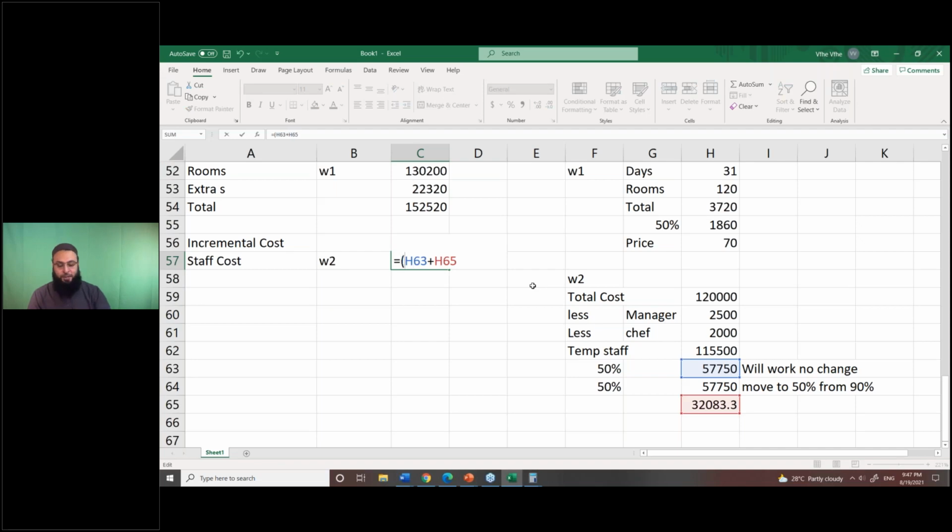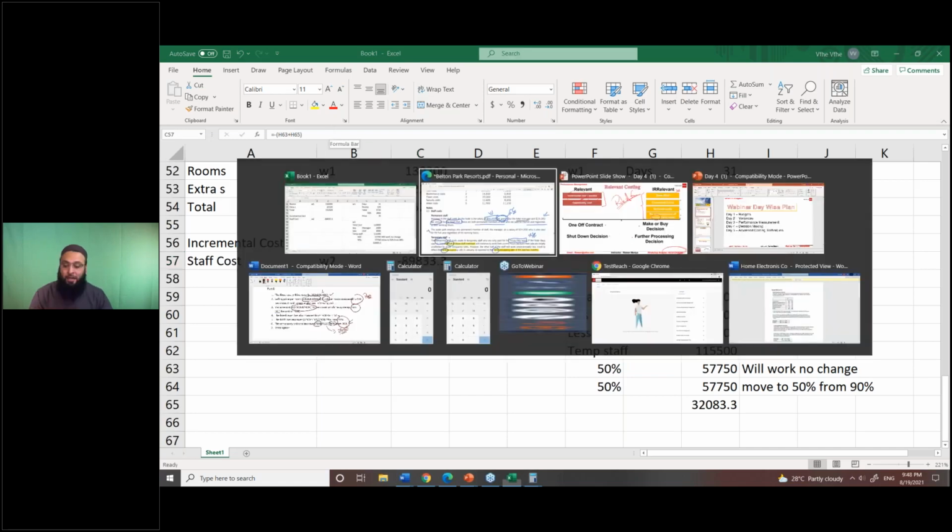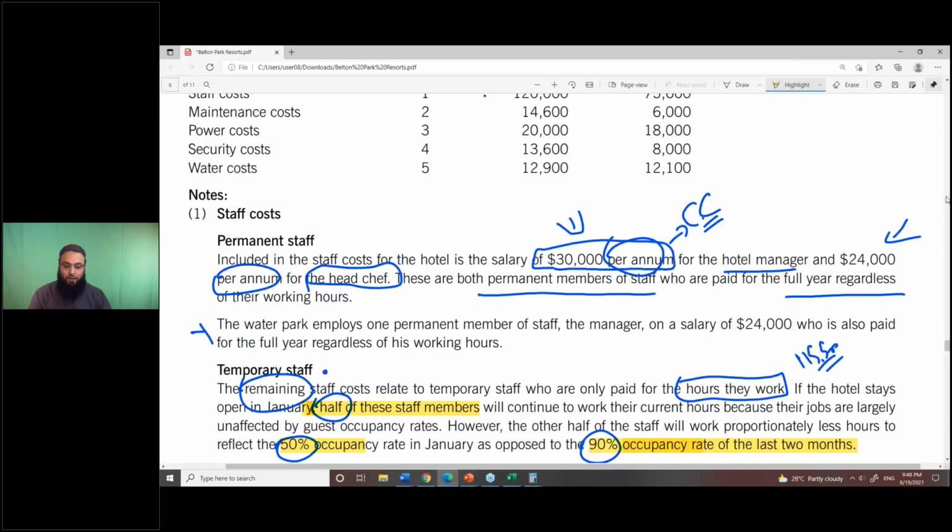I hope this is clear to all of you and no issue at all as far as these calculations are concerned. If you have, do let me know. Okay? Done? So I've done the workings here. I've given you the reference. I've used the minus sign so that it comes in negative. If you have any questions, please let me know.